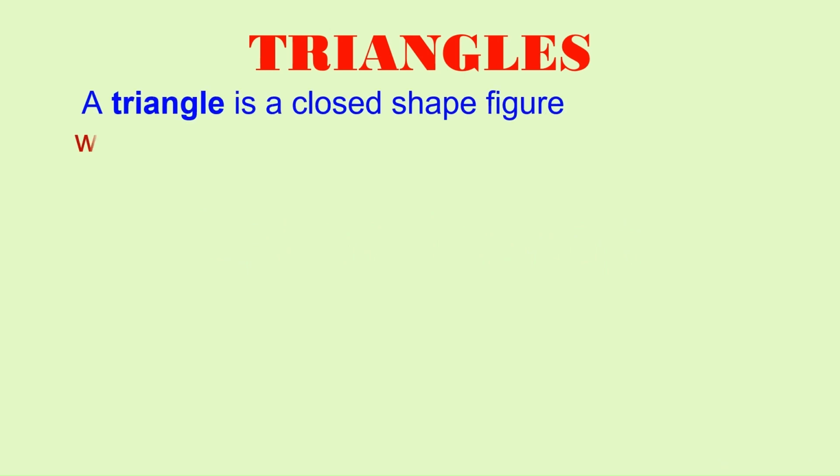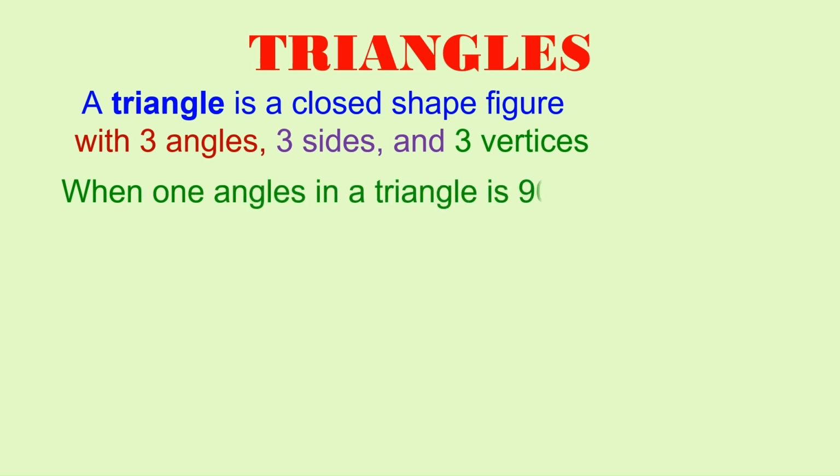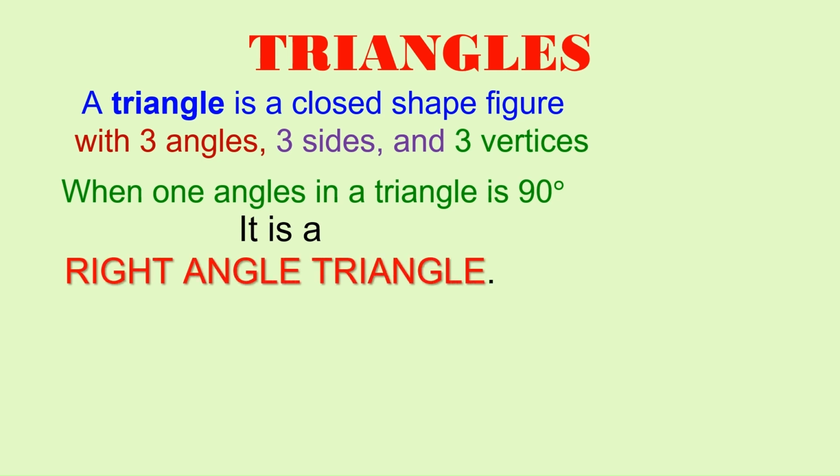Let's recap. The triangle. A triangle is a closed-shaped figure with 3 angles, 3 sides, and 3 vertices. When one angle in a triangle is 90 degrees, it is a right-angled triangle.